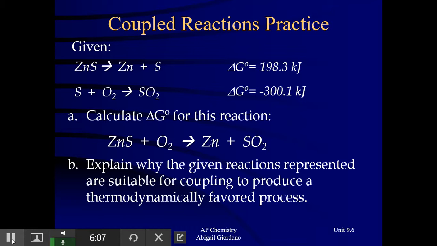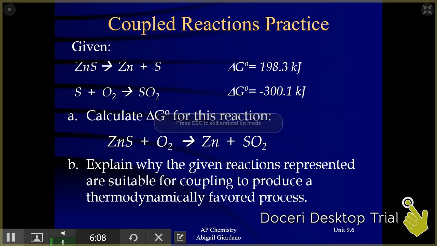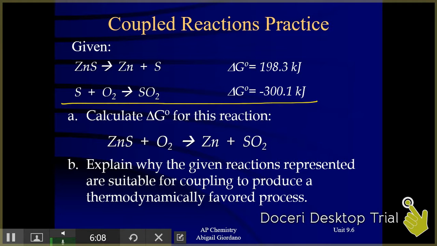All right, so this was actually an even simpler one because I didn't have to flip either one of these equations around. I didn't even have to multiply them times anything. But again, the point is this first reaction is unfavored, so we couple it with the second reaction in the hopes that the overall reaction gives us a negative delta G. Let's just make sure.